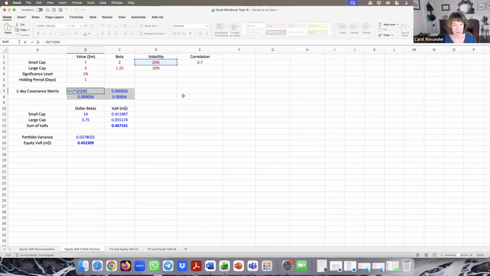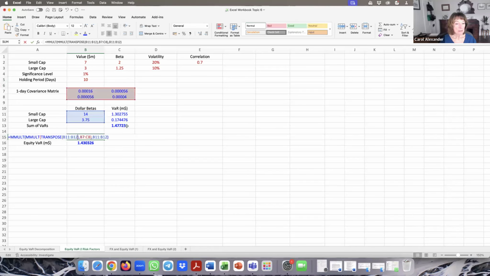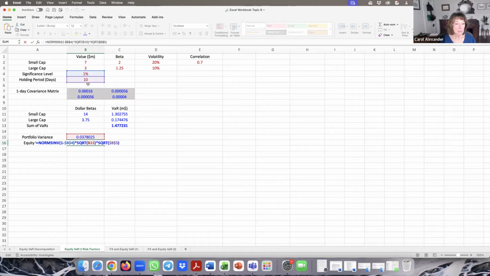Every element is divided by 250 to make it into a 1-day covariance matrix, which means that then when it comes to the VaR calculation, you see here, that's the MMULT, but the equity VaR has got the square root of 10 coming in at the very end there.